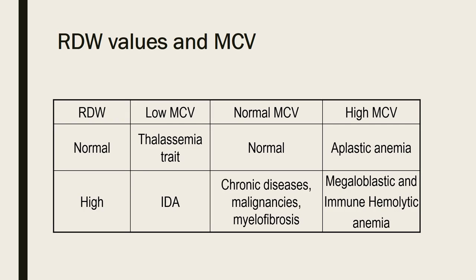If RDW is high with normal MCV, then think about chronic diseases, malignancy, myelofibrosis. If RDW and MCV both are high, then think about megaloblastic and immune hemolytic anemia. So this table is very helpful to differentiate the various causes of anemia just by the RDW and MCV.